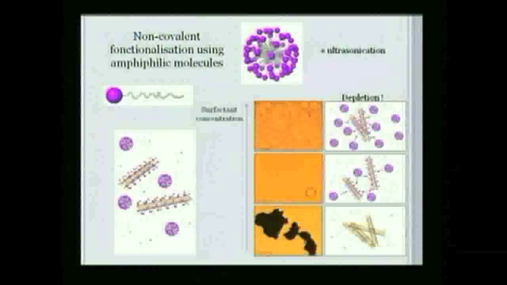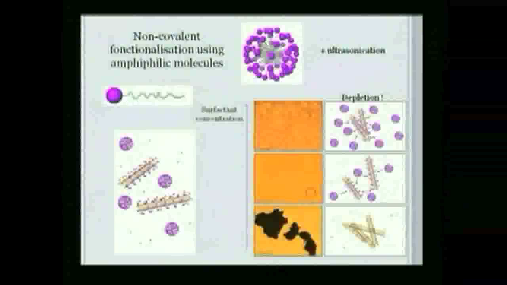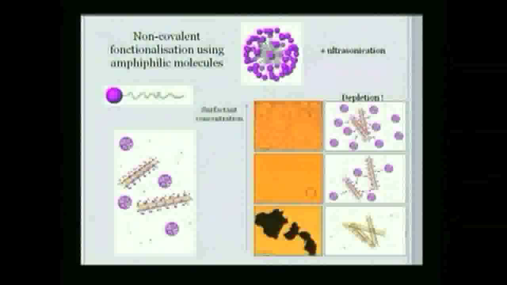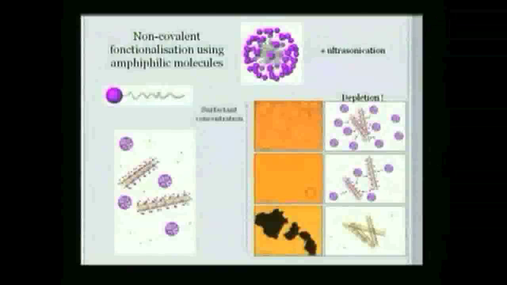So you can make a small calculation of how much surfactant you need to cover such a quantity of surface. You take the mean diameter of your nanoparticle, you calculate the surface for one nanoparticle, then you know the concentration of nanoparticles, and you can calculate the total surface area of nanoparticles. Then you can know the area of your polar heads, for example.